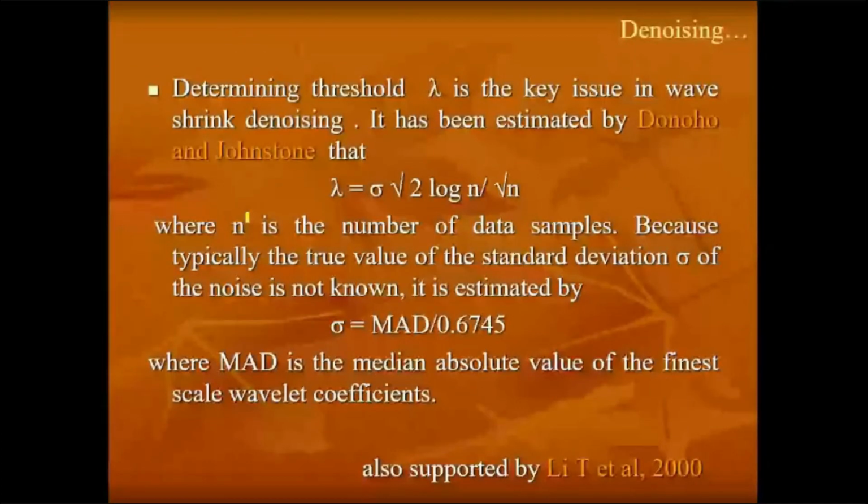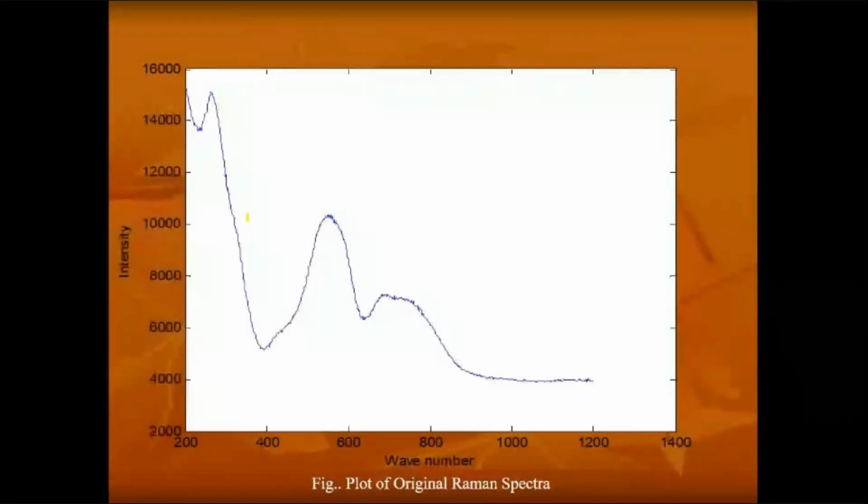So these are basically some examples. Here we can see the original plot of the piezoelectric material PZT Raman spectra. Those who are working in piezoelectric materials, I have taken this XRD Raman spectrum data. Here we can see the peak position of this signal at this place.